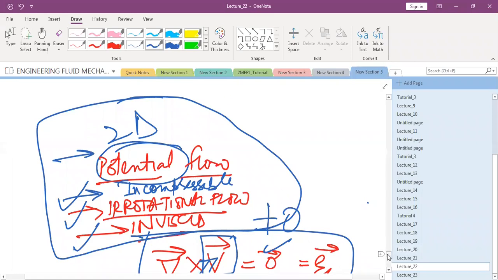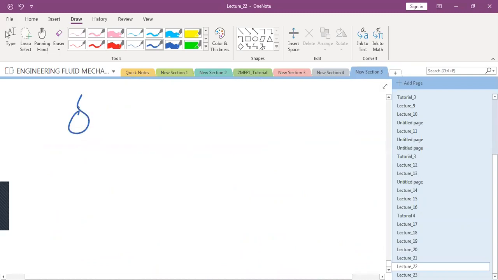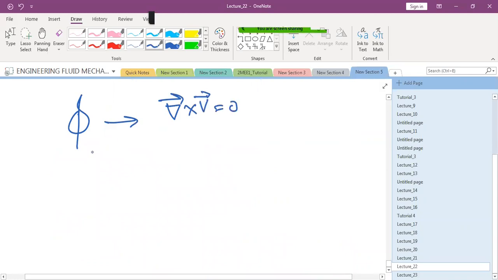So we have defined the stream function. We defined phi with this condition. This was the definition. We defined Laplace through the continuity equation.